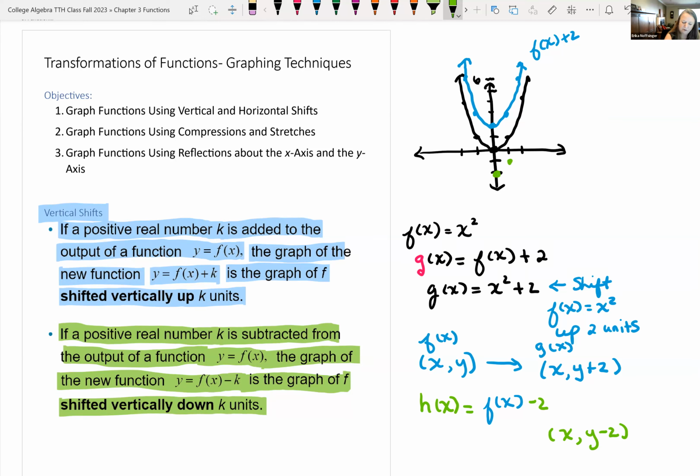My point negative 1, 1 now becomes negative 1, negative 1. My point 2, 4 going down 2 is 2, 2. And negative 2, 2.